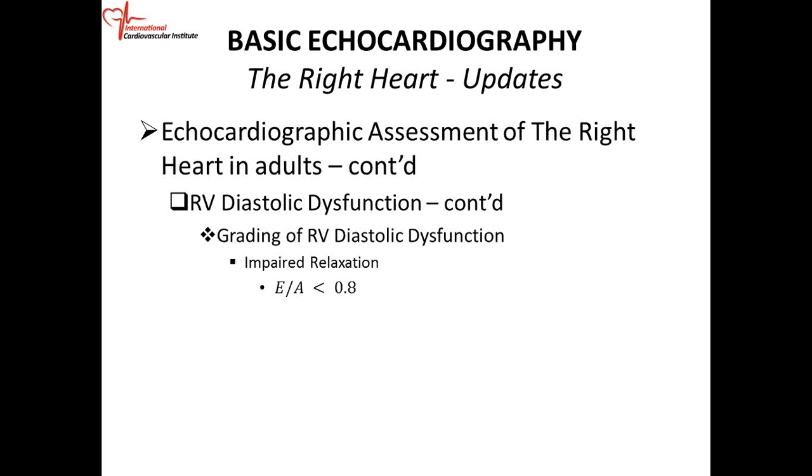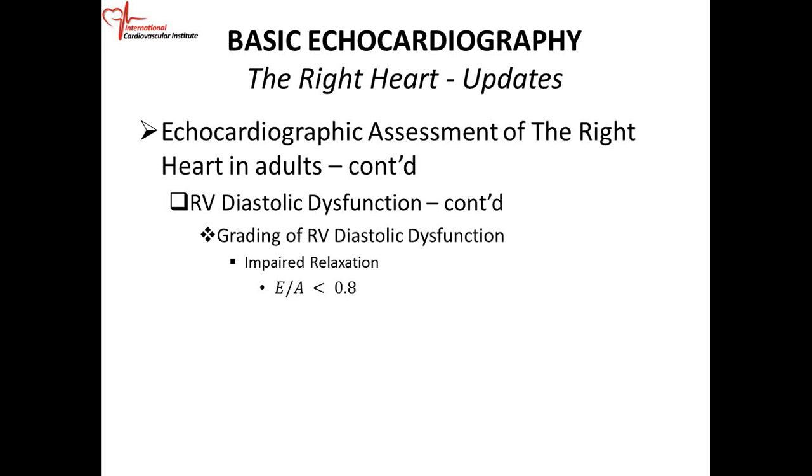Okay. So the first sign of RV diastolic dysfunction is the inability of the RV to relax. And if the E over A is less than 0.8, it suggests that there's impaired relaxation.